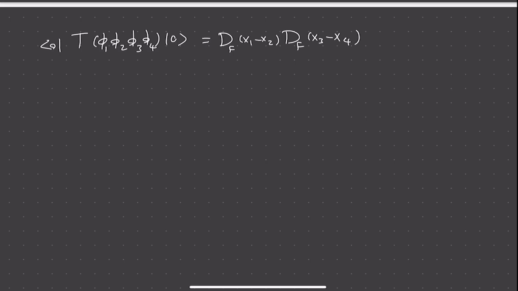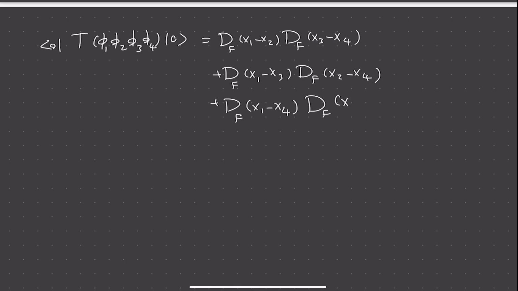The Feynman diagram is saying that now for the case of 4, you're going to have this: x1 minus x3, x2 minus x4, plus, so what's the meaning of each term?